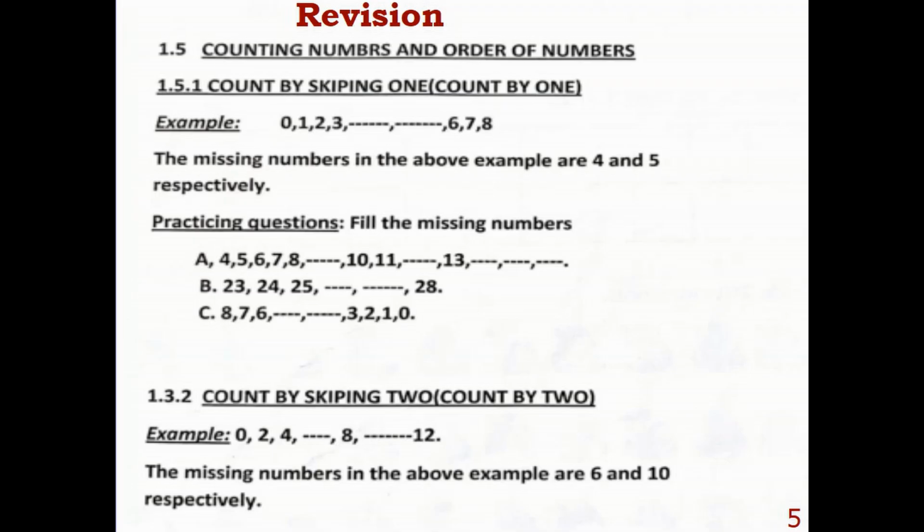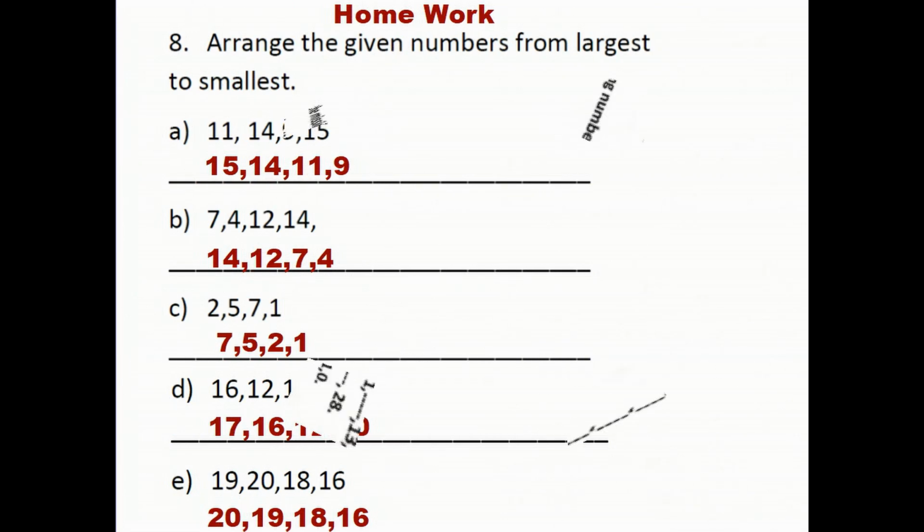And also I have given you one homework. This was your homework. You arrange the given numbers from the largest to smallest, in descending or decreasing order. So, what comes first from the given numbers? 15, right? 15 comes first.